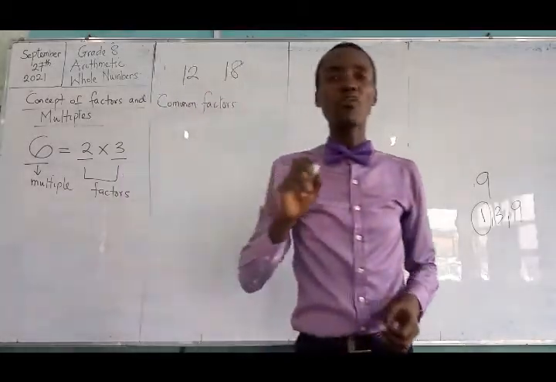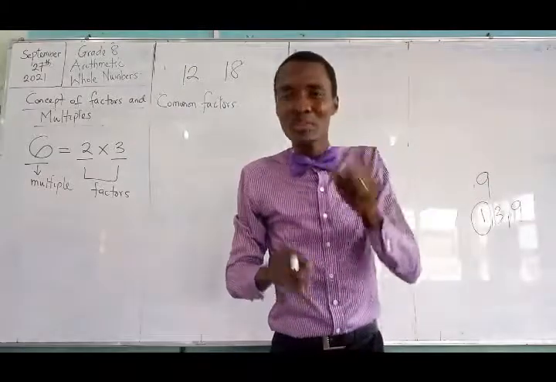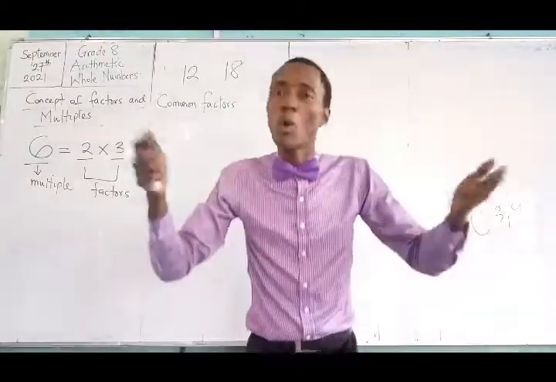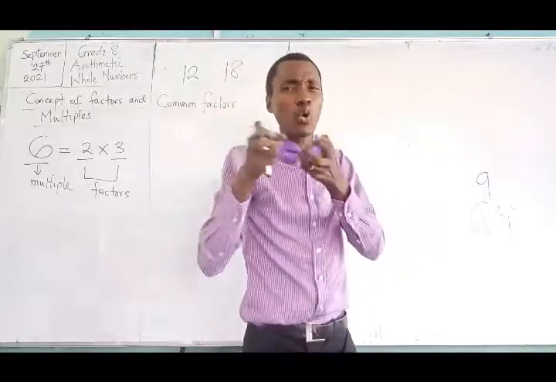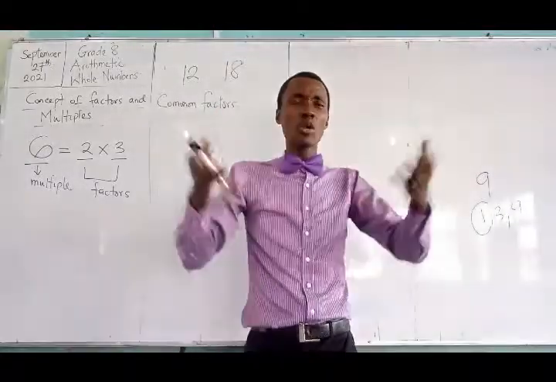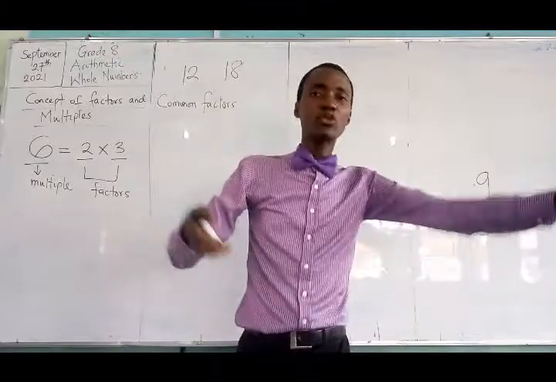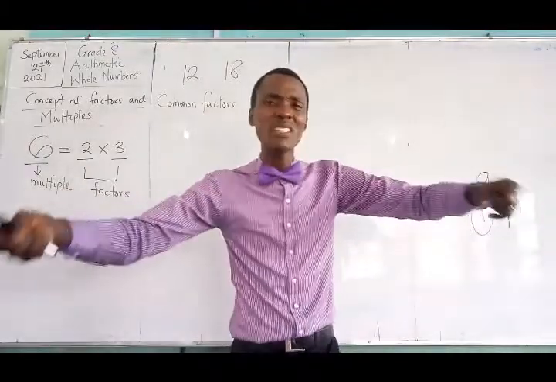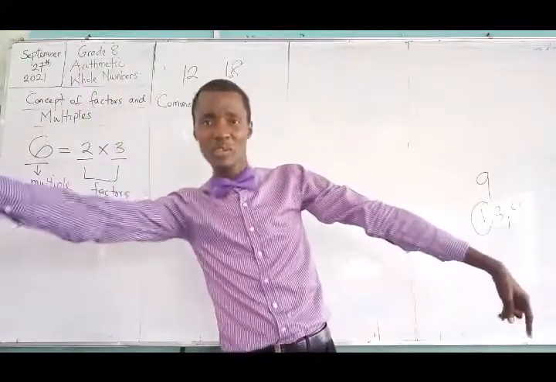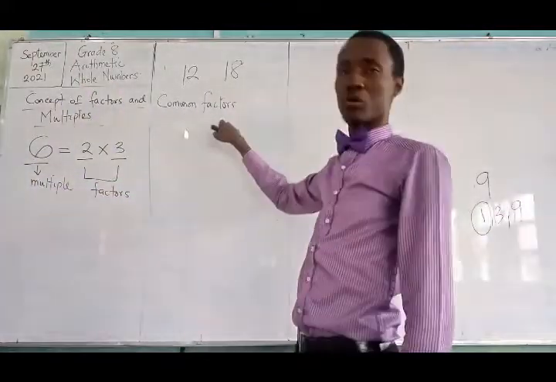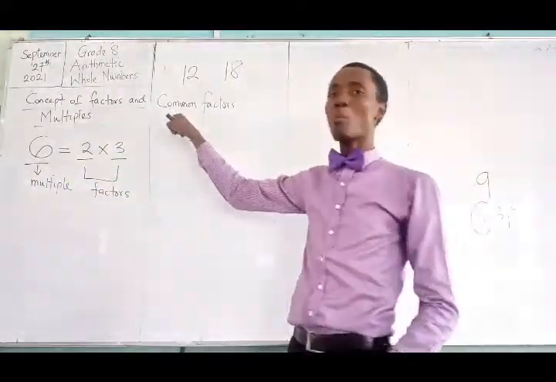Now when we're talking about common factors, if I say common, it means I'm comparing. Hear this. Anytime you hear the word common, it means you are what? Comparing. So I pick two things. I want to look out for what I can see in this thing, and I can also see in this other thing. That's common. So mathematically, we talk about common factors.